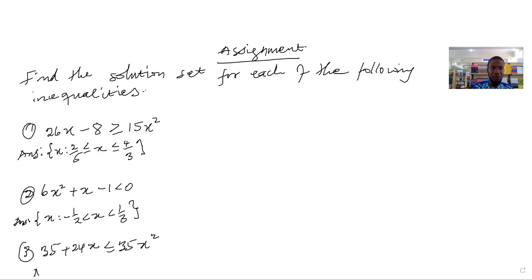And our answer is supposed to be x is such that x less or equal to negative 5 over 7, or x is greater or equal to 7 over 5.